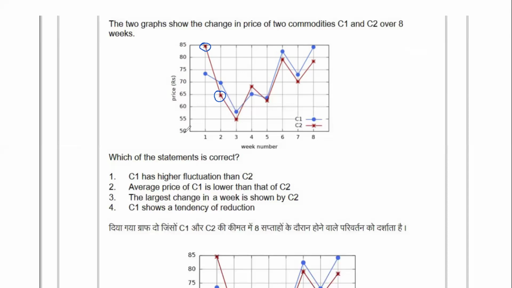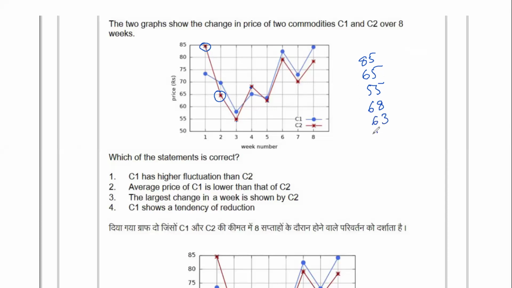Then C2, we'll have to take the average of all these and figure it out. So let's say 85, 65, 55, 70. What is this? 68 we'll take. This one is 63 we'll take.